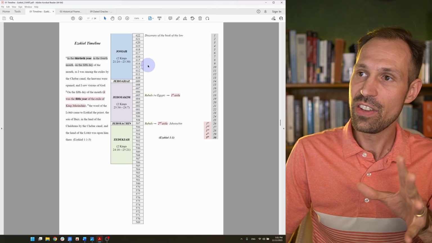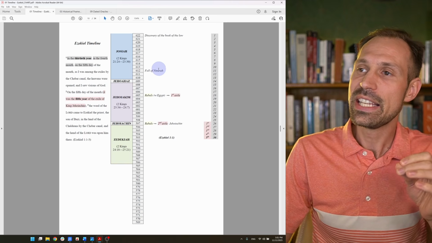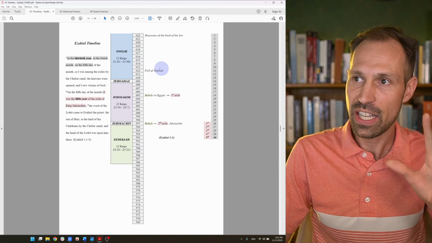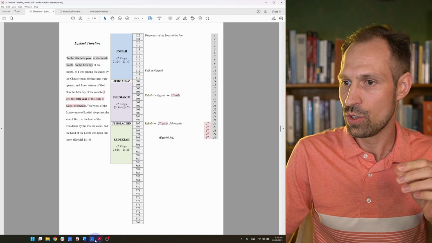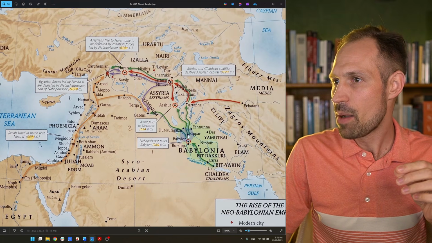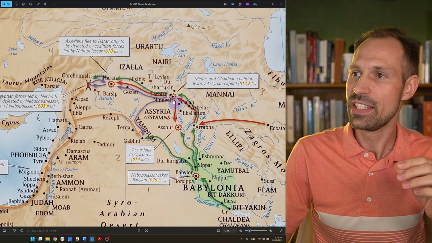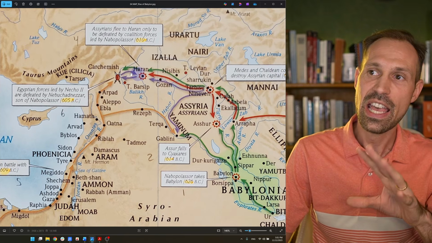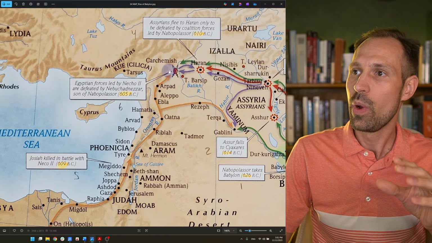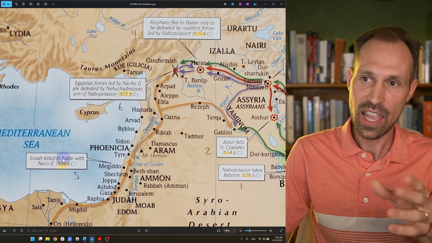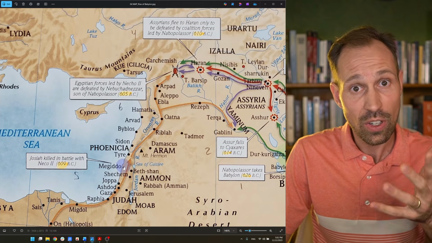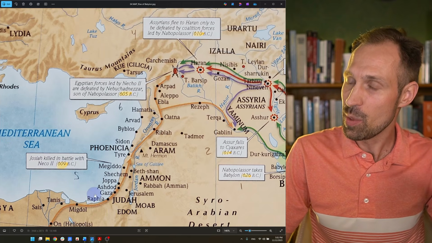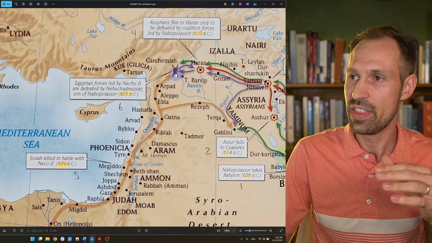This was a turbulent time in world history. When Ezekiel is only 11 years old, the mighty capital of the empire of Assyria, Nineveh, is going to fall to Babylon. Babylon is going to march up from the south and take out Nineveh and then chase the Assyrian army north to Haran and then to Carchemish, where unfortunately Josiah is going to die in battle trying to prevent the Egyptians from joining forces with the Assyrians.